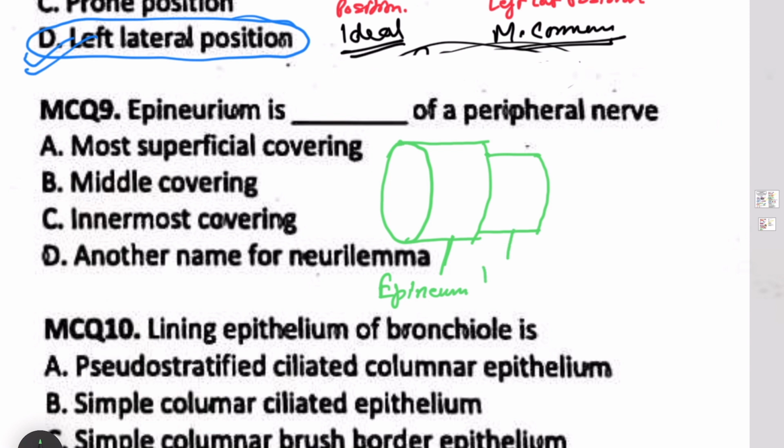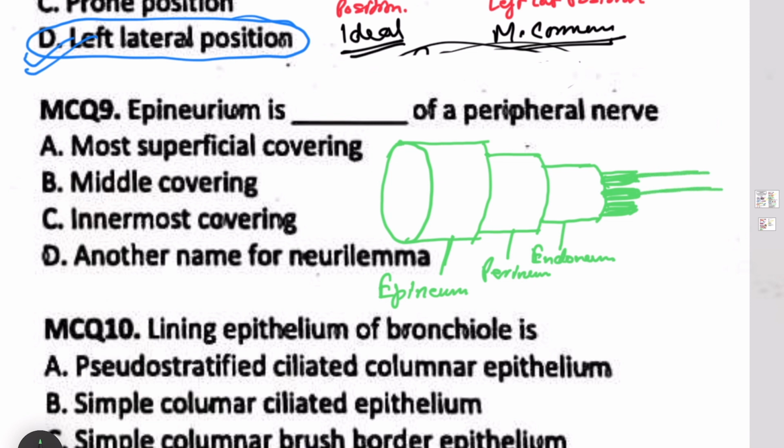Then you have perineurium, and then you have endoneurium, and then you'll find the bundles of nerve fibers surrounded by this. And if you pull them out, you'll find a nerve or an axon.